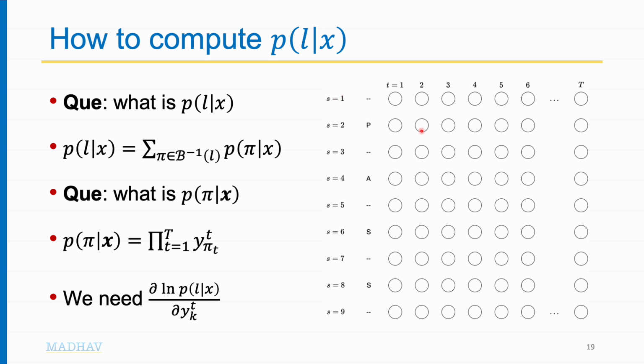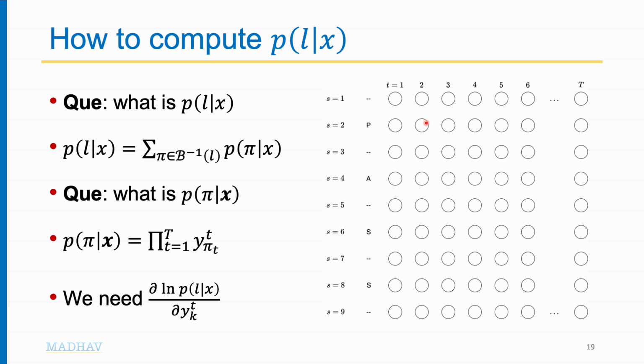Now, when you differentiate this p(l|x) with respect to the output of this neuron, what will that be equal to? First of all, in p(l|x) there are so many paths possible. Only those paths will appear which pass through this neuron.